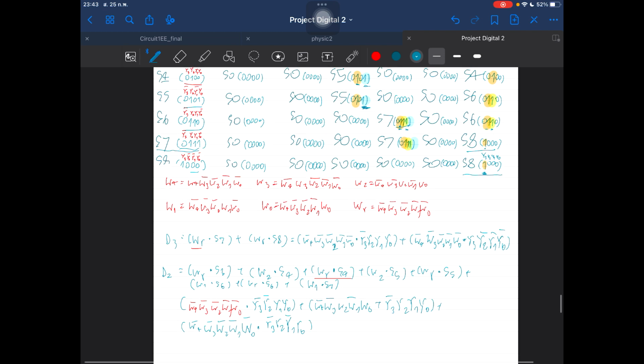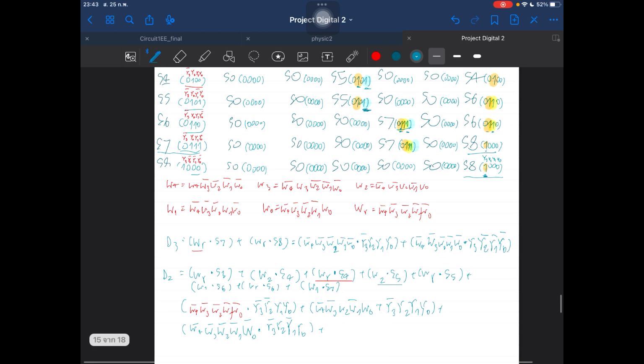Okay, then go to the next line. W2 is W4 that, W3 that, W2, W1 that, and W0, and state 5 name is Y3 that, Y2, Y1 that, and Y0.